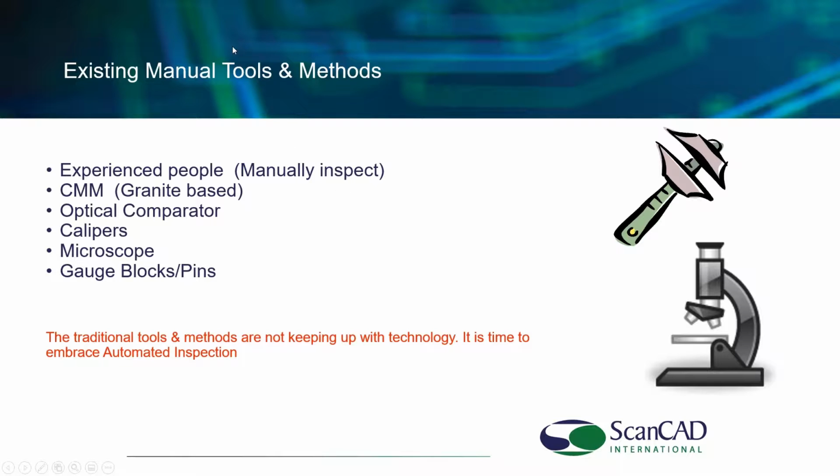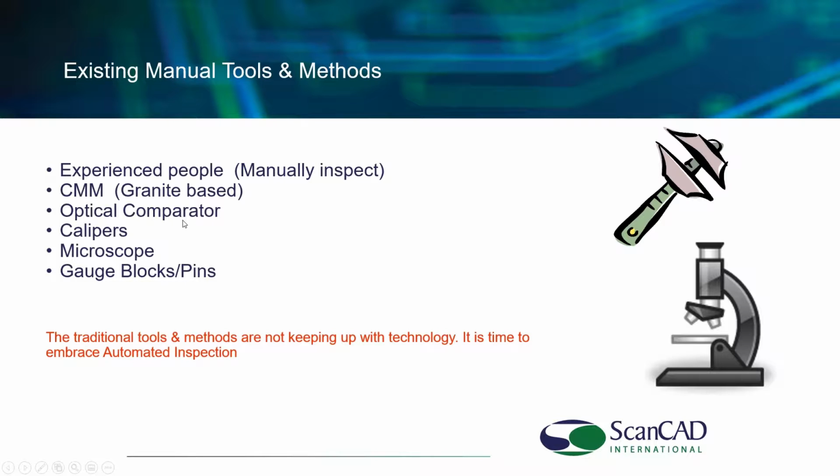Now, most customers have these existing manual tools and methods in place today, most important being the experienced people that are doing your inspections today. Typically, most companies are manually inspecting parts. What tools do they give those inspectors? Well, in many cases, they'll use a microscope, maybe gauge blocks and pins, rulers, calipers.